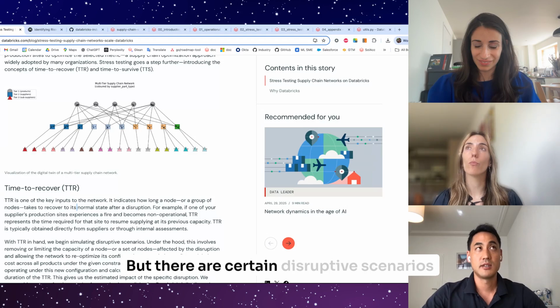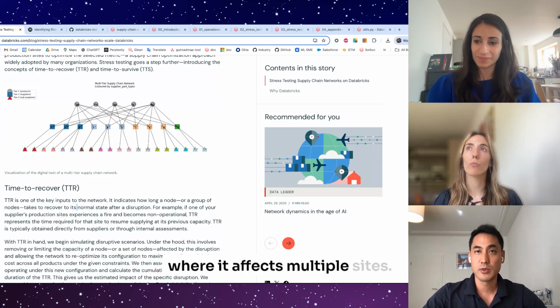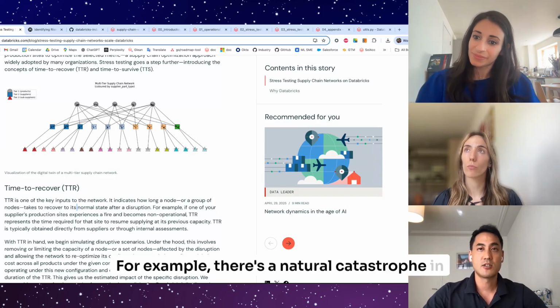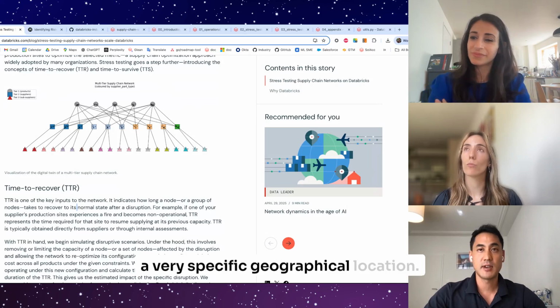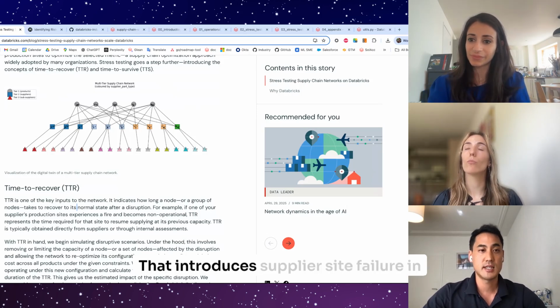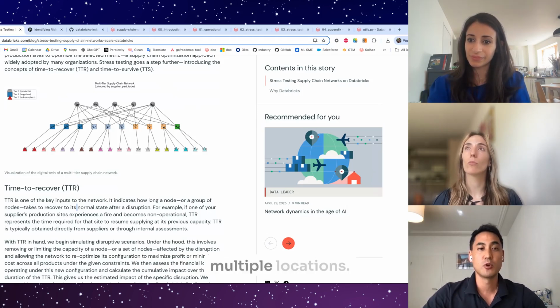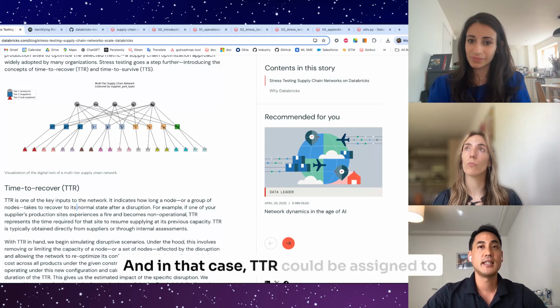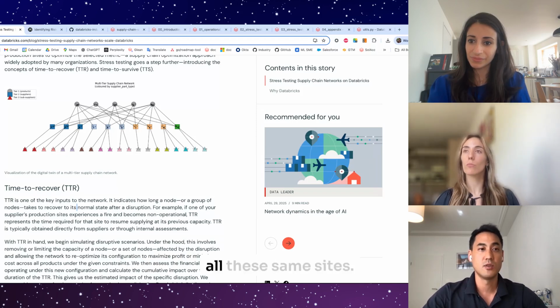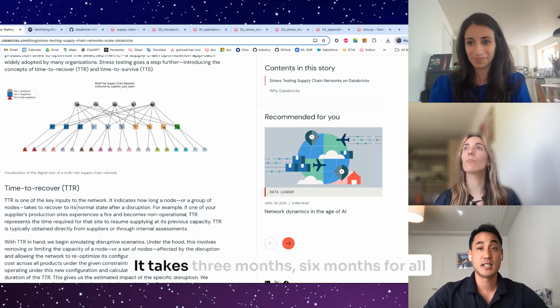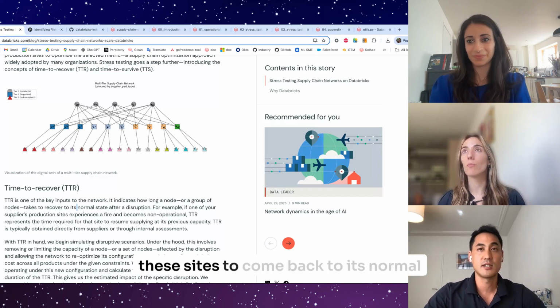But there are certain disruptive scenarios where it affects multiple sites. For example, there's a natural catastrophe in a very specific geographical location, and that introduces supplier site failure in multiple locations. And in that case, TTR could be assigned to all these same sites. It takes 3 months, 6 months for all these sites to come back to their normal production.